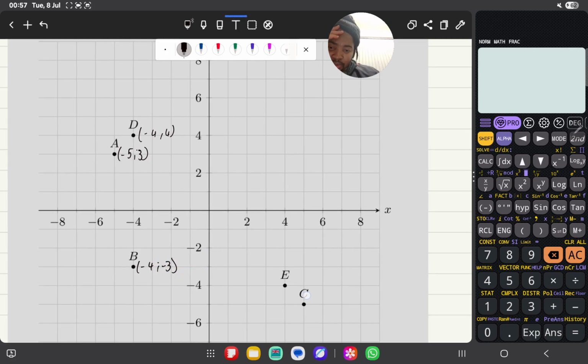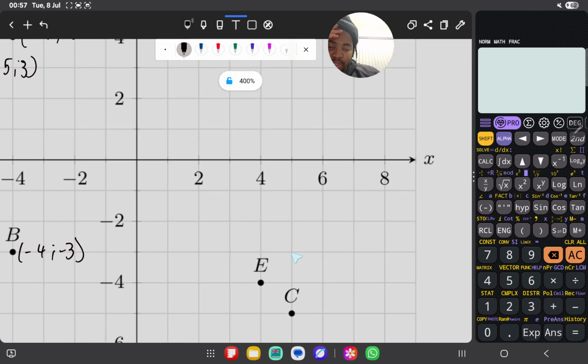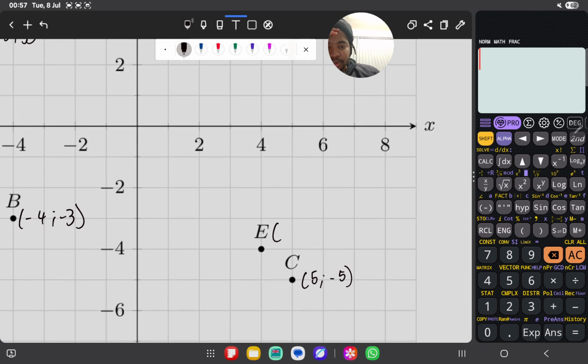Let's finish with the last two. For C, the x value is 5 and the y value is -5. What about E? The coordinates are x is 4 and y is -4.